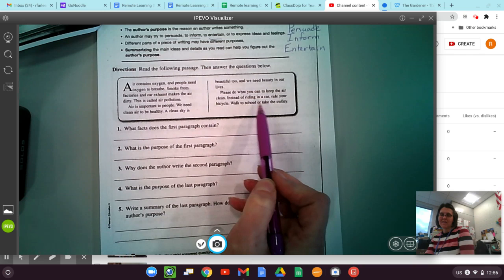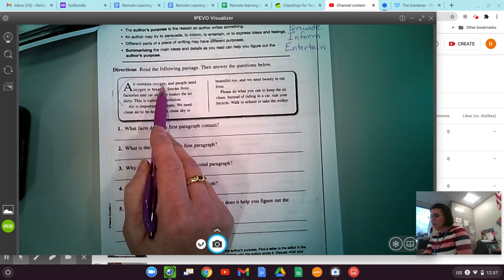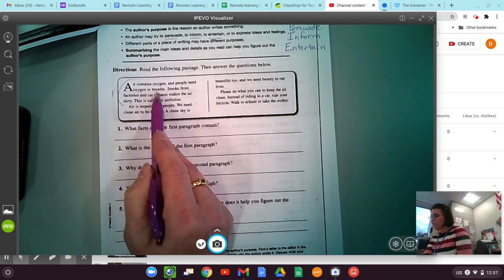So let's take a peek. Number 1, what facts does the first paragraph contain? Here's our first paragraph. Air contains oxygen, and people need oxygen to breathe. Smoke from factories and car exhaust makes the air dirty. This is called air pollution.